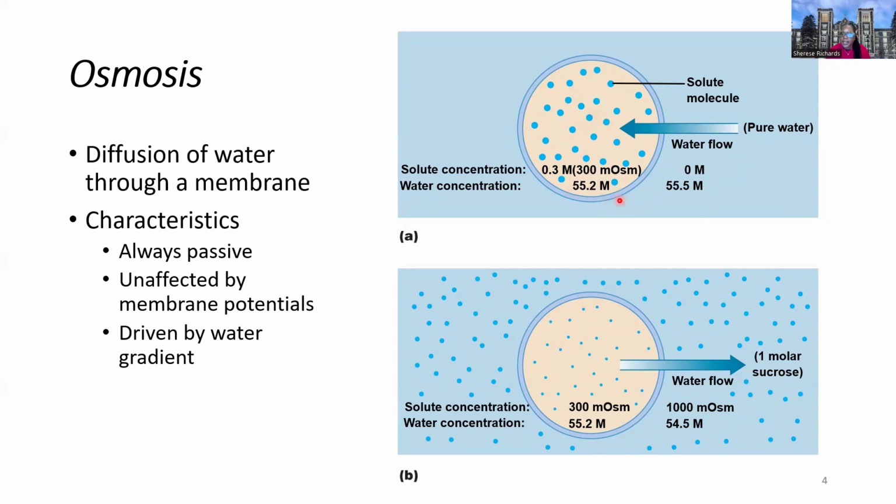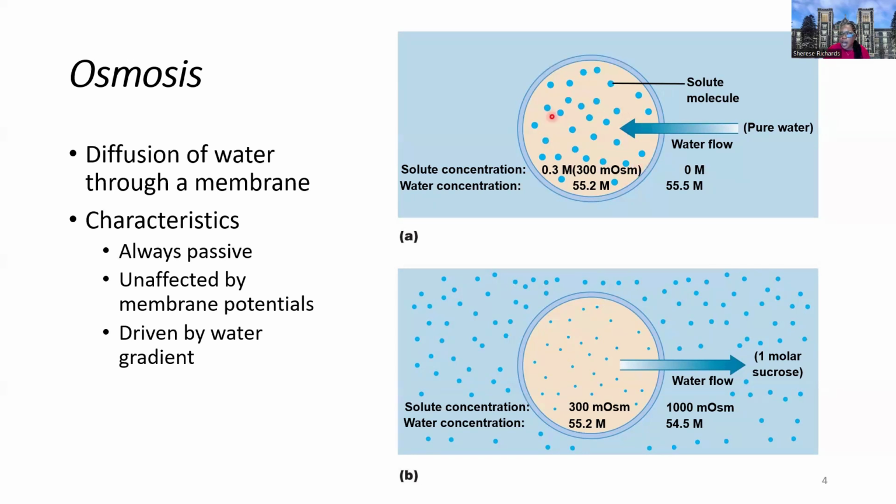So given that, our gradient is higher water concentration outside, lower water concentration inside. So the direction that water is going to move passively is the outside of the cell to the inside of the cell. Now, another way to reframe that and look at that is thinking about the solute concentration. Water is going to move against the solute concentration gradient.